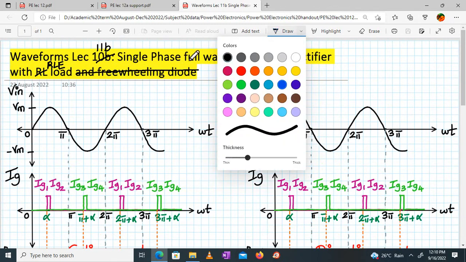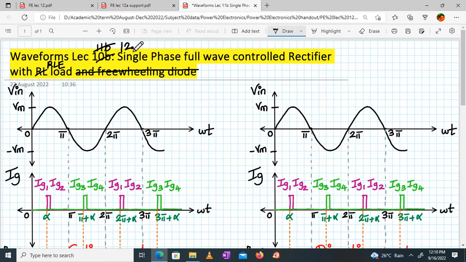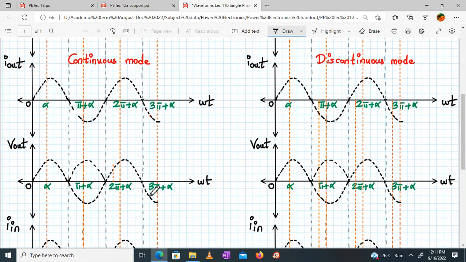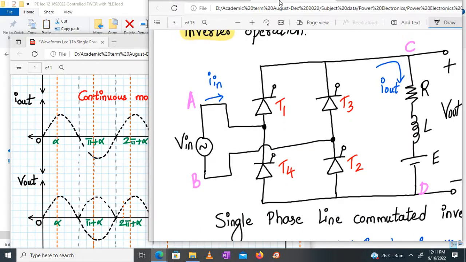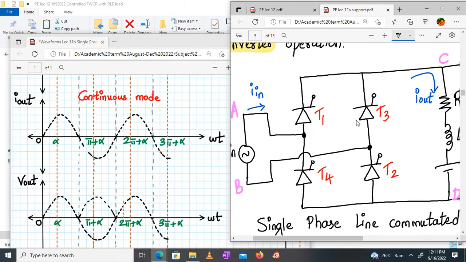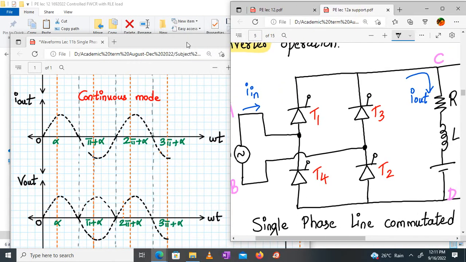So I have to change it again. This is for lecture number 12, and this is for RLE load, right? Only continuous mode of operation. तो पहले current कैसे होगा मेरा? How will the current be? You draw it on your own. Draw करो. This is the circuit. My E will be negative.